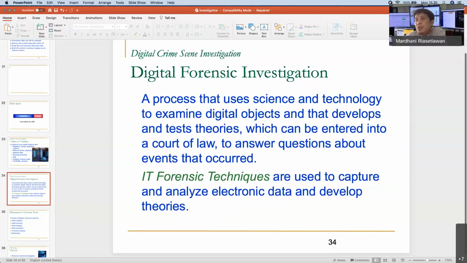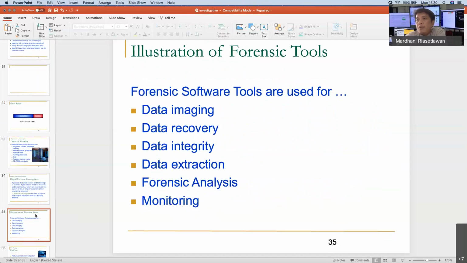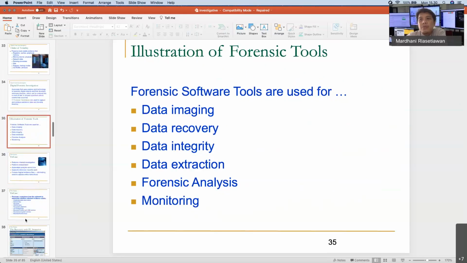So the IT forensic technique is used to capture and analyze electronic data and develop theories. We also have a lot of tools that support this purpose: data imaging, data recovery, data integrity, data extraction, forensic analysis, and also monitoring. That would be very important for you.